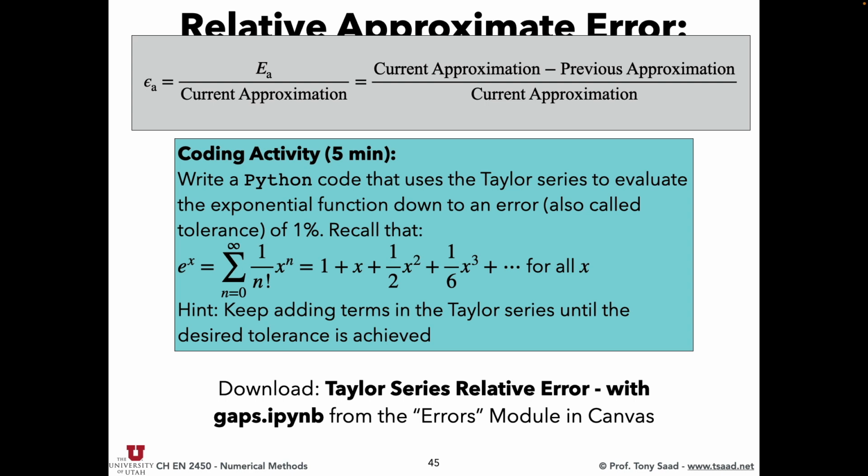Is this supposed to be for all x, or is there a specific value? Does it matter? It shouldn't matter, right? You're programming. Does the Taylor series tell you anything about x here? No, it doesn't. So you should be able to provide any value of x and continue calculating.